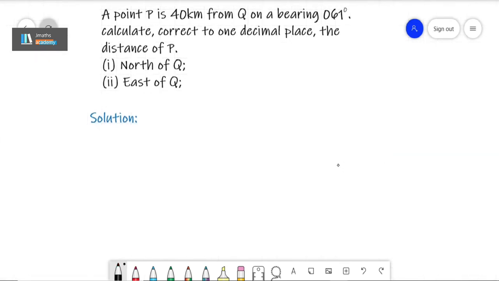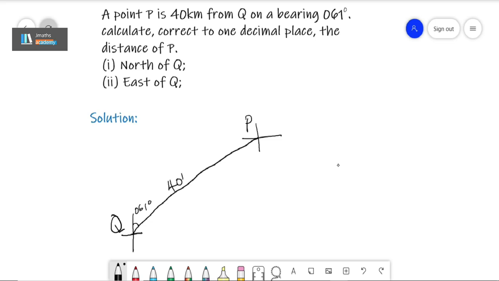So in order to solve this question, we transform it into a diagram. Let's say we have a point Q on this side, and let's say we have a point P. We are told that the point Q to P is 40 kilometers apart, on a bearing of 61 degrees.